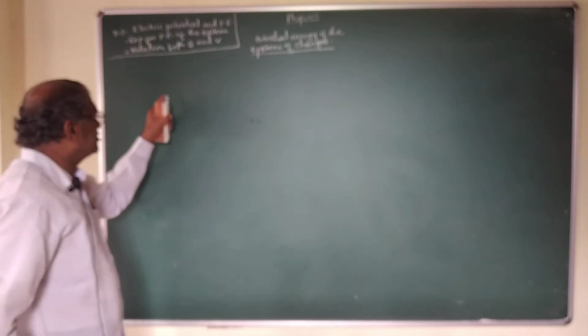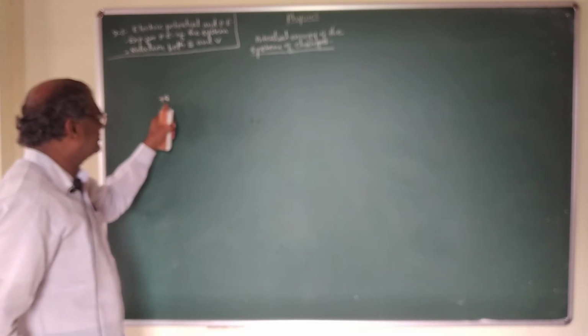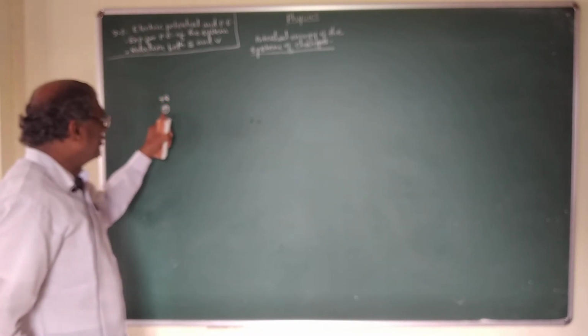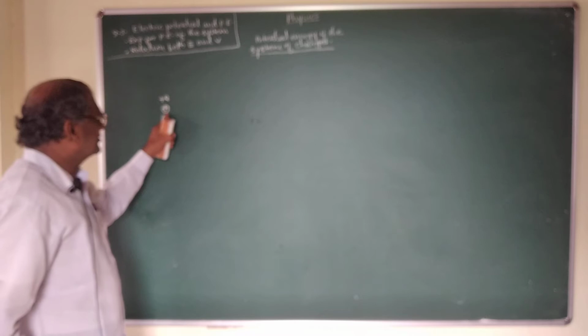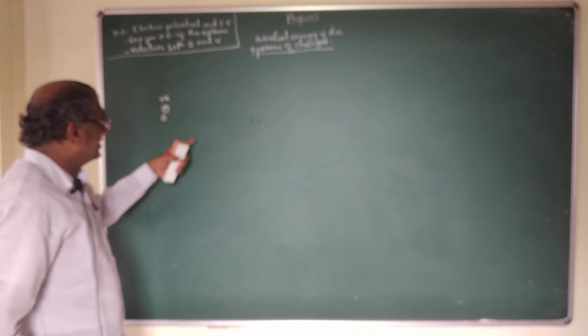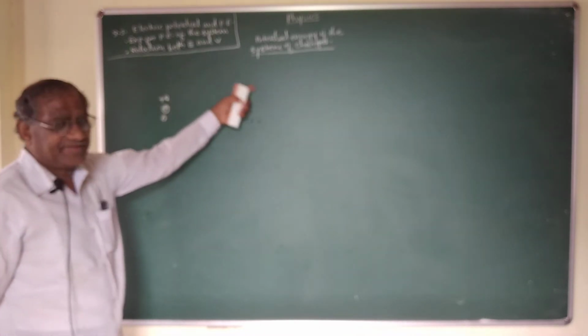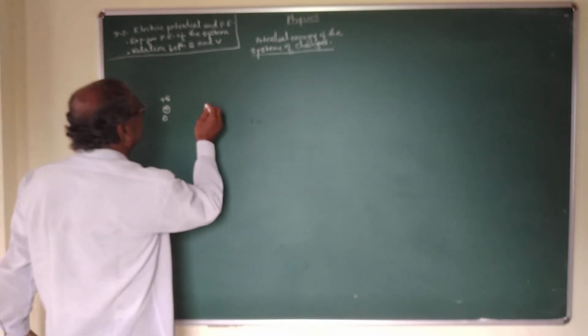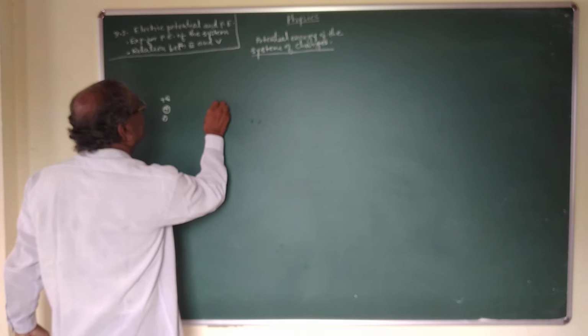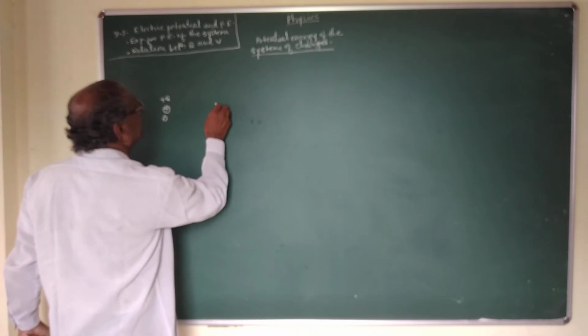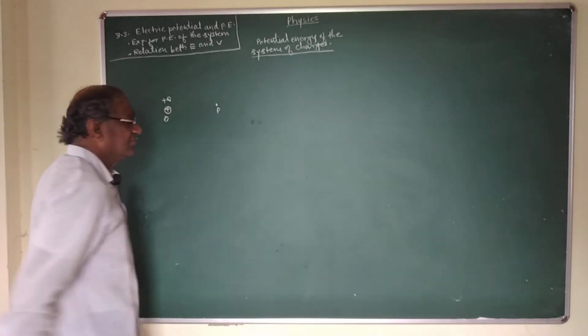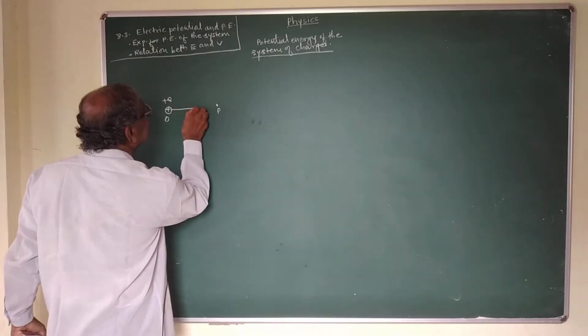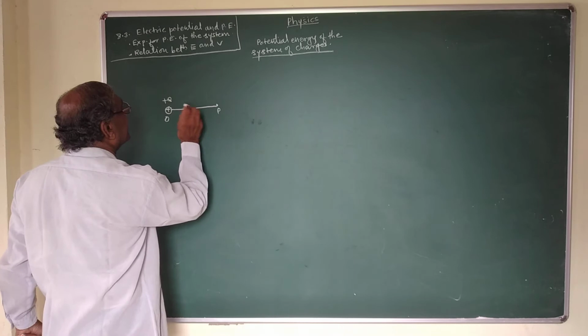This positively charged plus Q at point O in the surrounding space produces an electric field. In that electric field, we consider a point P at a certain distance, say R.